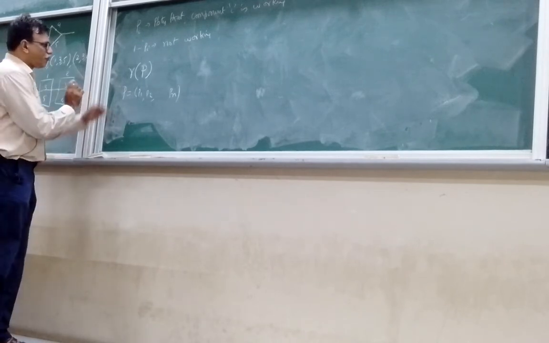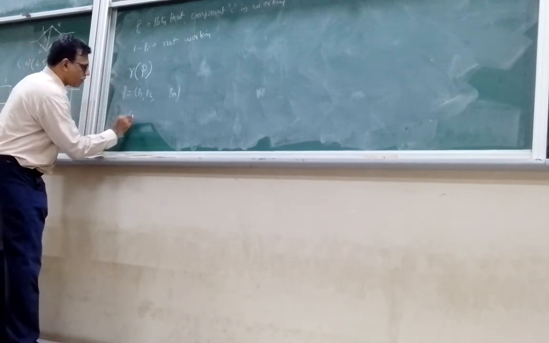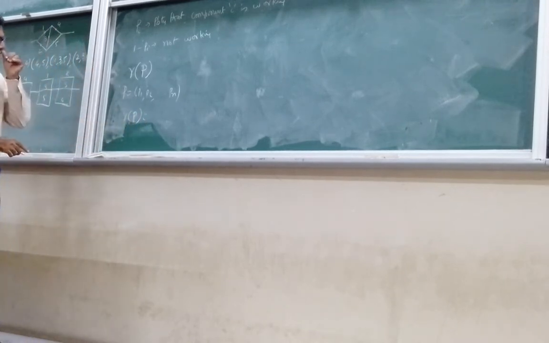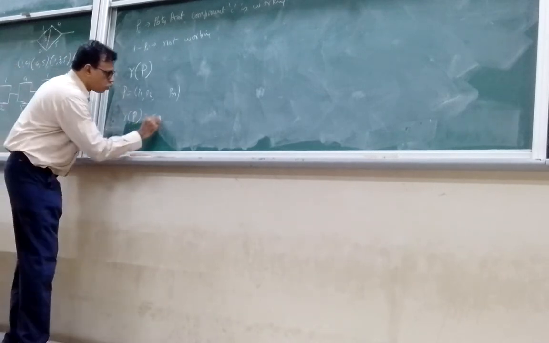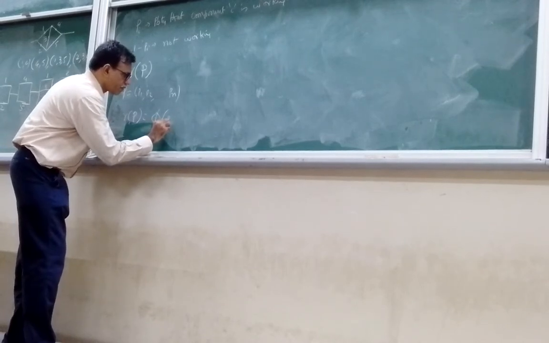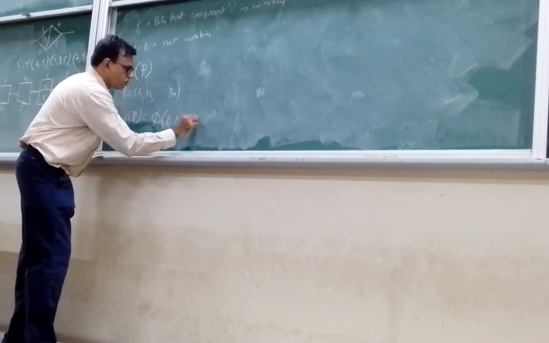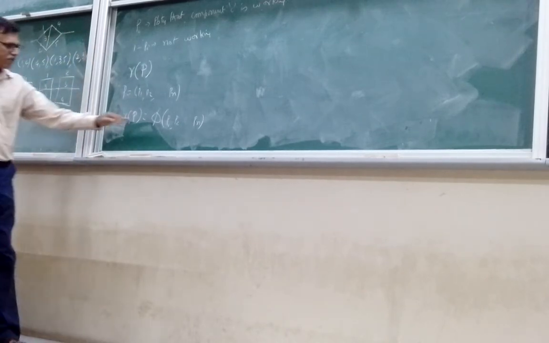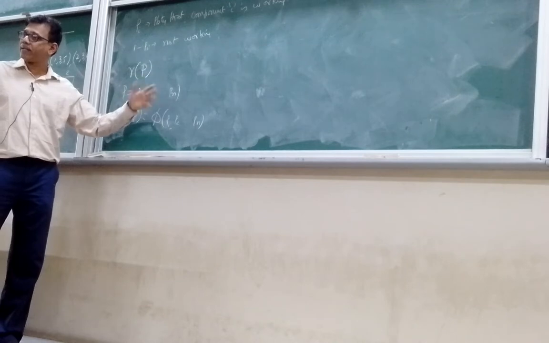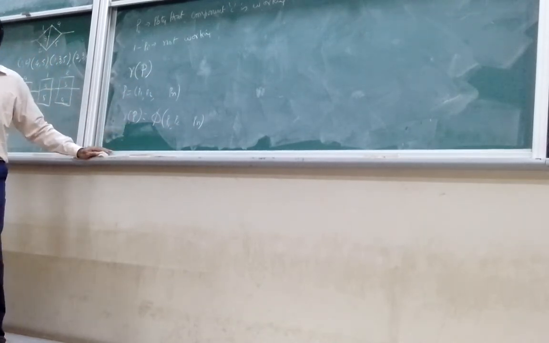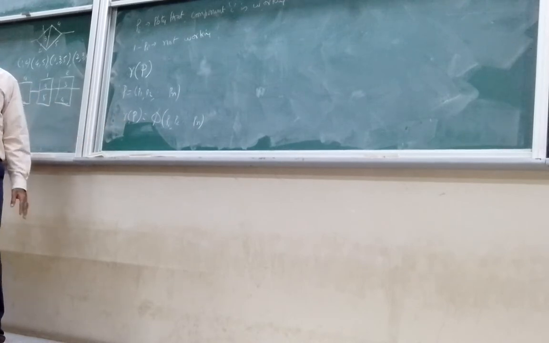To find R of P, the reliability of the entire system, you simply substitute the probabilities in the structure function. Wherever you have x1, x2, x3, the indicator random variables, if you substitute the probabilities, you will get the reliability of the entire system.